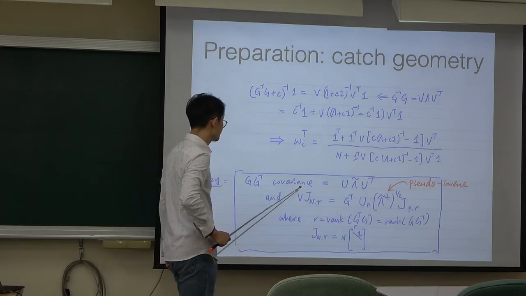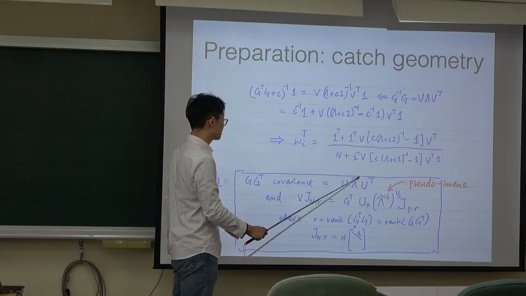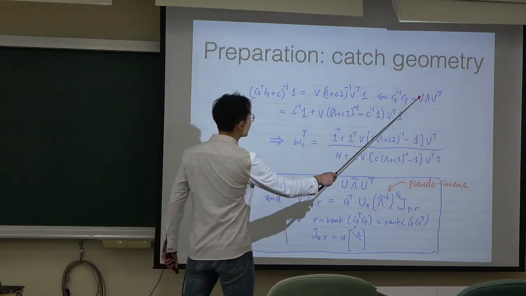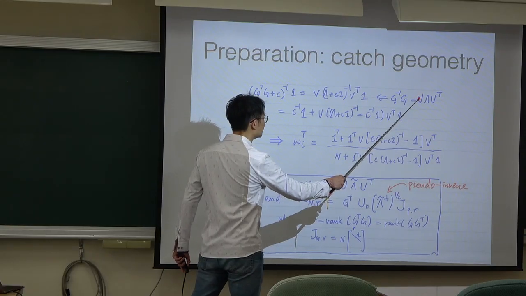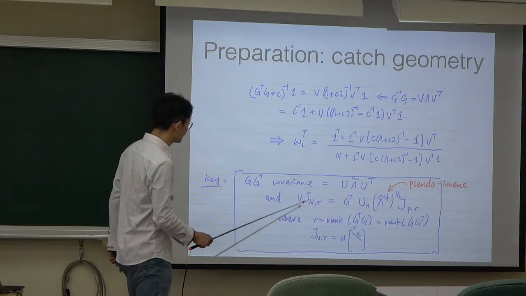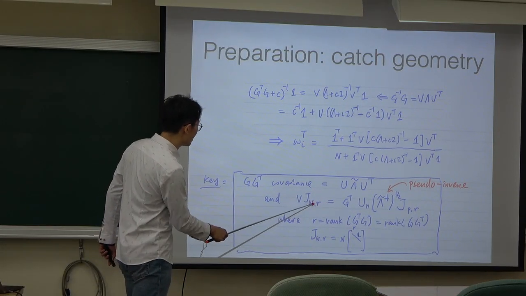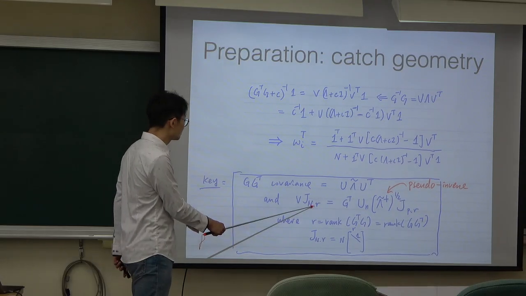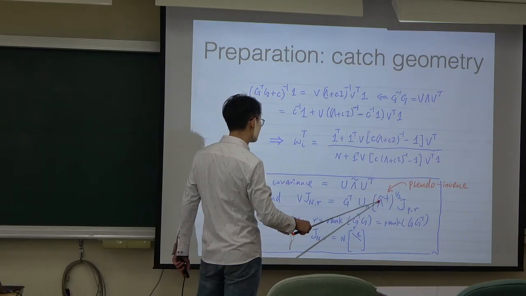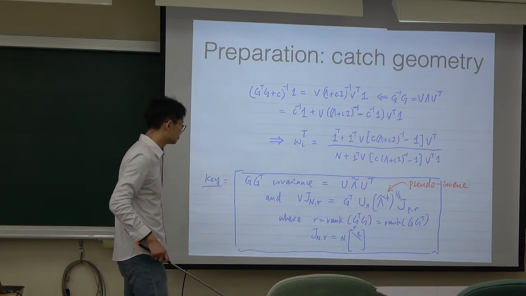Simply, you see, if you have the covariance matrix, which is U lambda tilde U transpose, and you have V, which is the eigenvalue decomposition of G transpose G, then V, if you take the first R eigenvectors, is related to U with a pseudo inverse of the singular values.